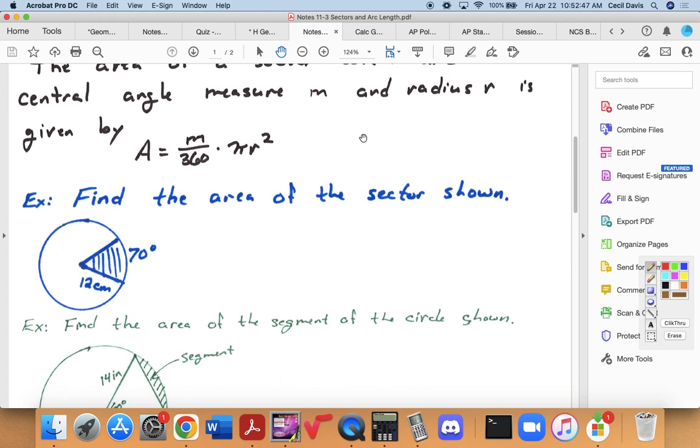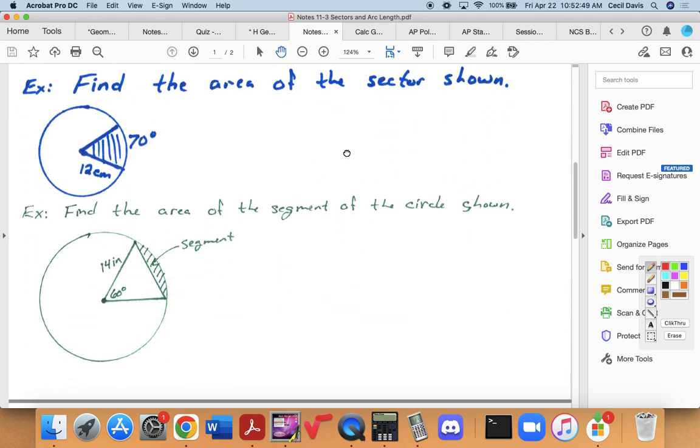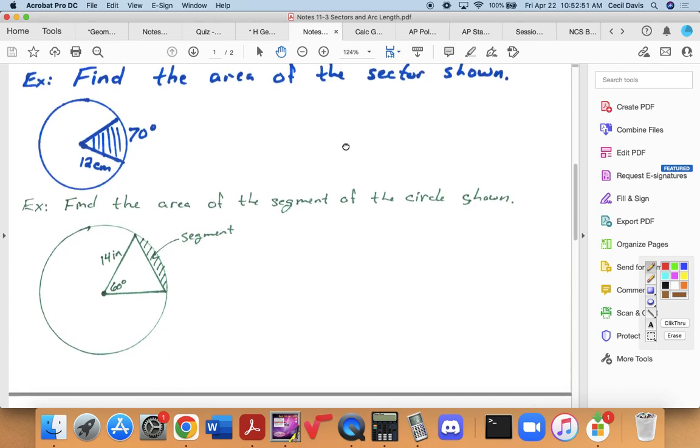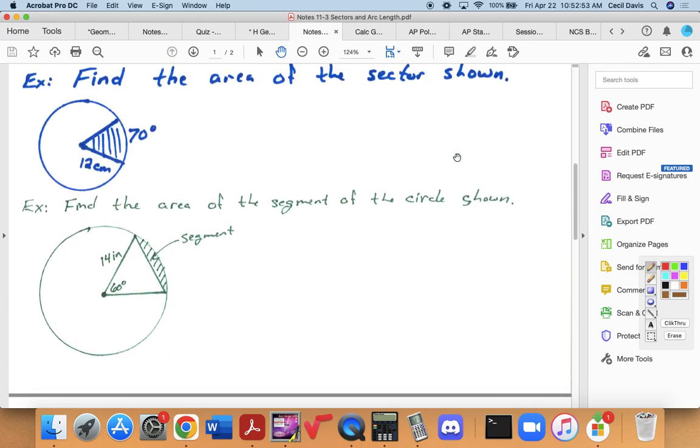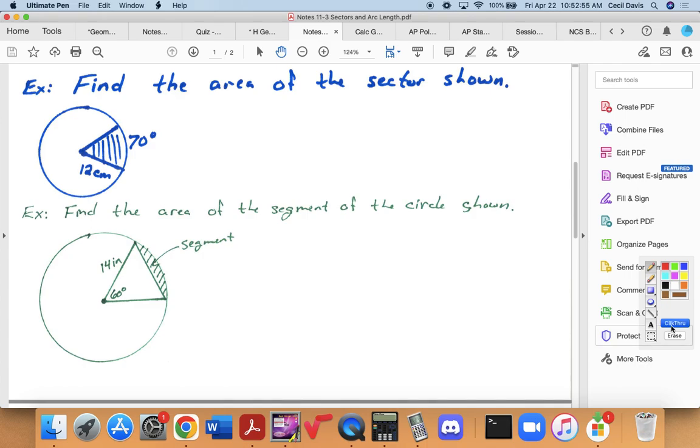Okay, so, find the area of the sector shown. All right, so the area of the sector, the formula, m over 360 times pi r squared.